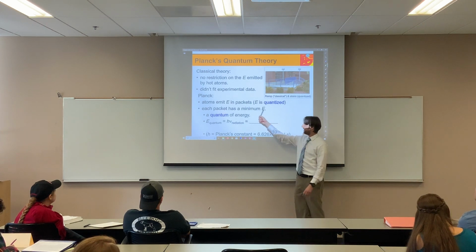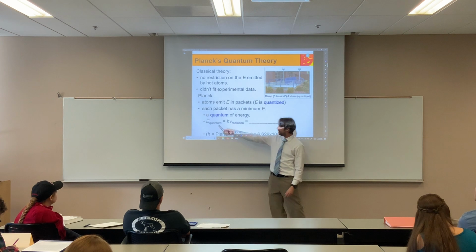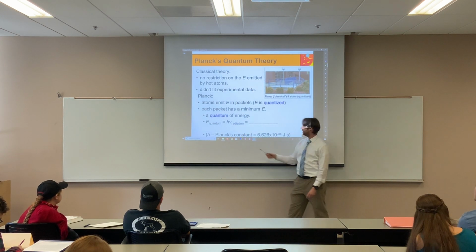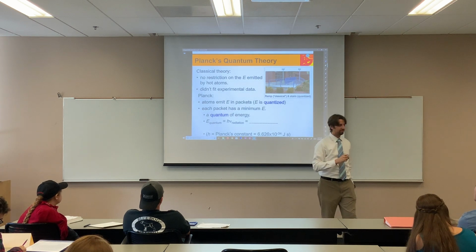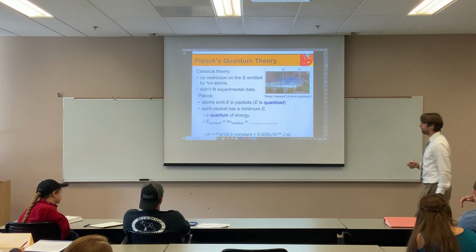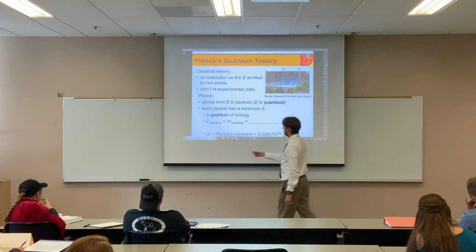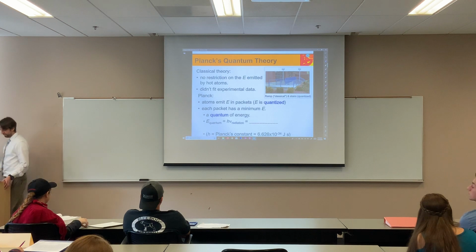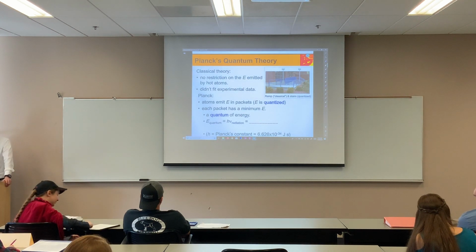Each packet has a minimum energy, and the energy of that quantum is equal to h, which is a constant, times the frequency of the radiation. So that's another equation for you guys to know: E equals hv, Planck's constant times the frequency. Is this going to be out of the... Yep.